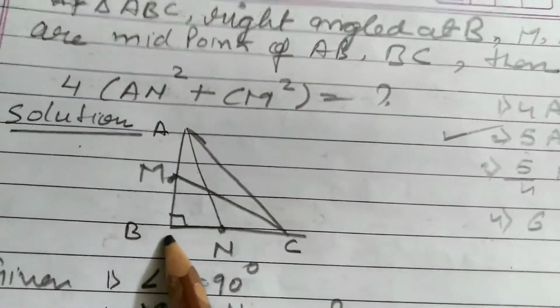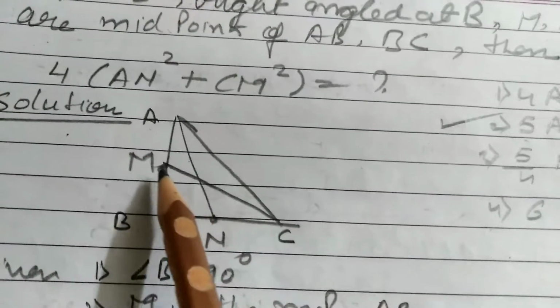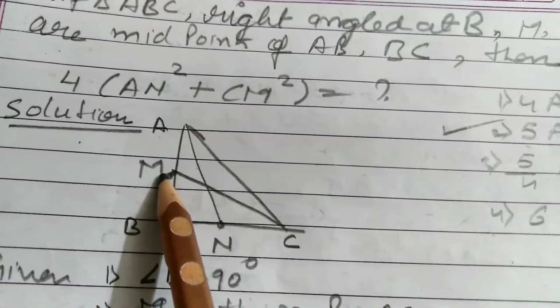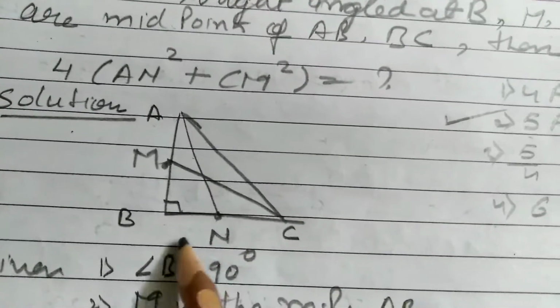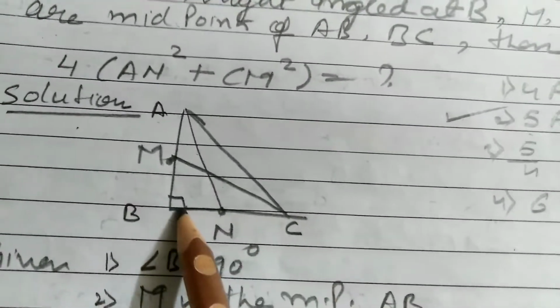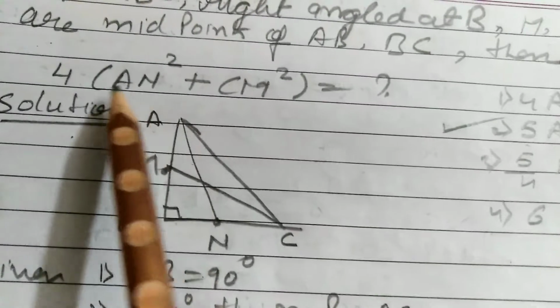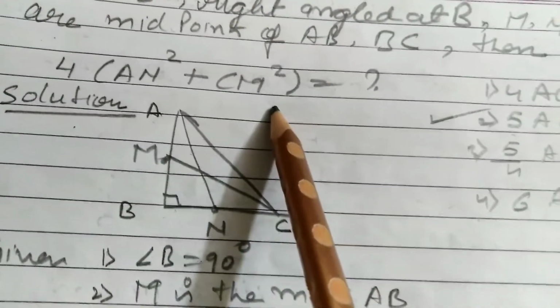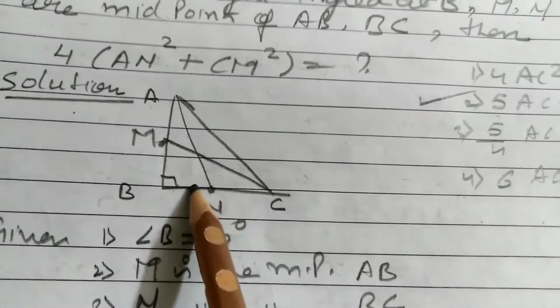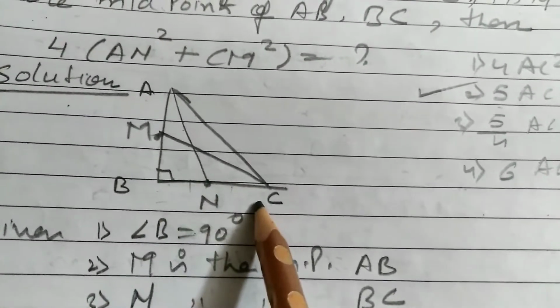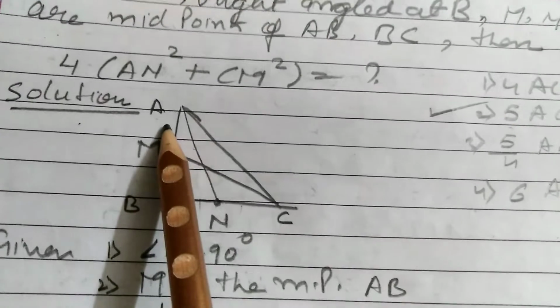A, B, C. M is the midpoint of AB, N is the midpoint of BC, and angle B is 90 degrees. We need to find the value of this. We know that if it is the midpoint, it means BN is equal to CN and BM is equal to AM.